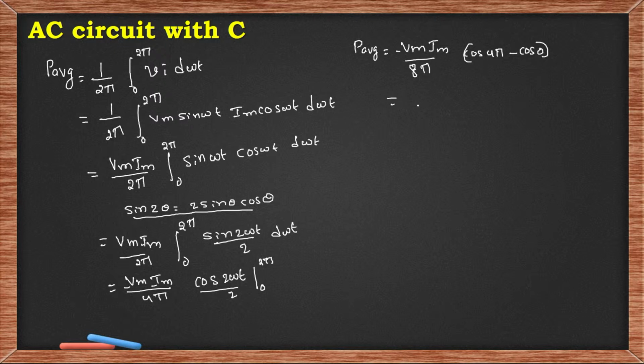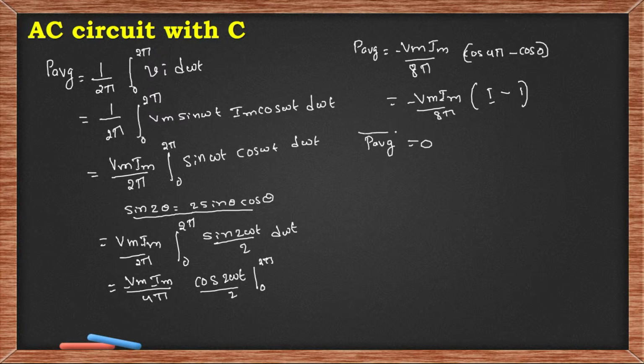So cos 4 pi, being an even multiple of pi, is 1. Then cos 0 is always 1. So therefore 1 minus 1 is equal to 0. So the average power is equal to 0.